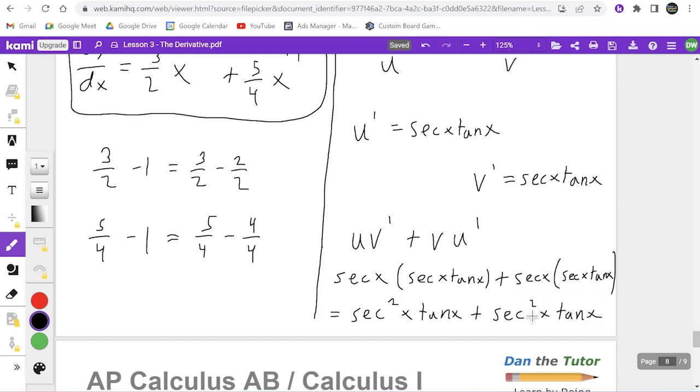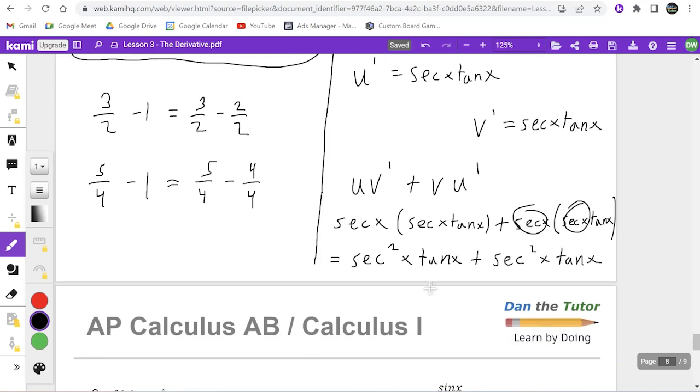Why is it secant squared? Because you've got two secants multiplied together. And then the final answer, and I know I ran out of room a while ago, is 2 secant squared x times tangent x, because they are like terms. You can add them together, and that's the best answer. Any questions on that one?